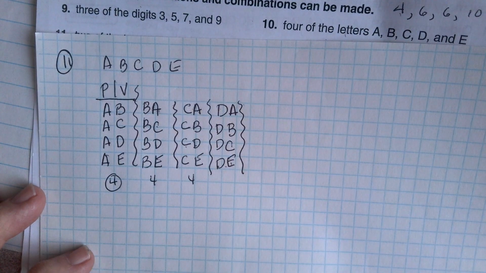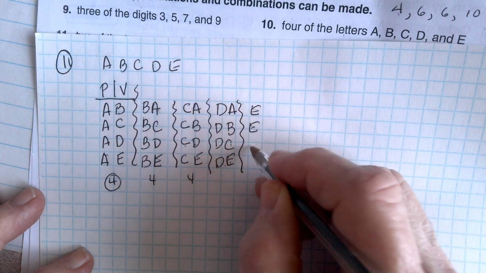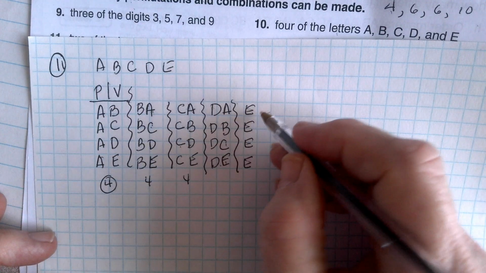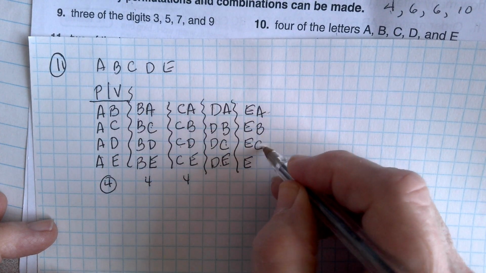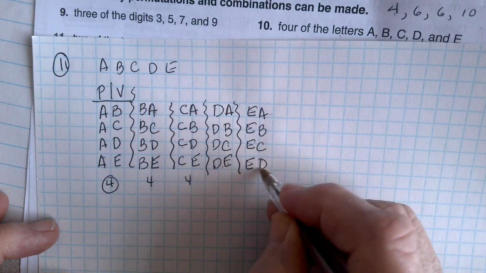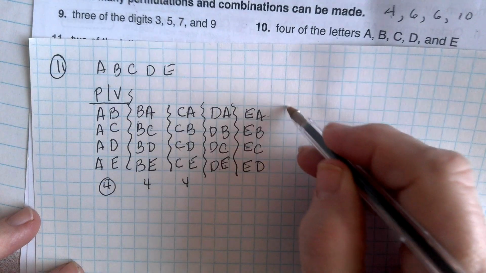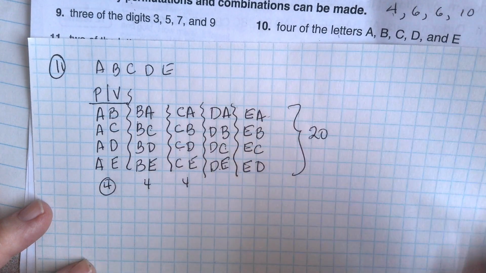On the next one, E could be president. So E, and then his first vice president could be A, could be B, could be C, could be D. And those are all the possibilities that we have for vice president and president. So you can see the total number is 20.